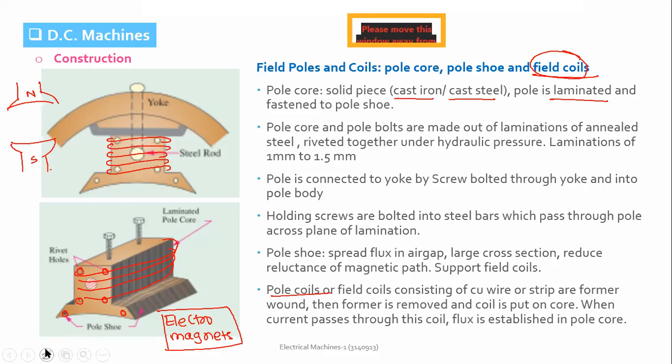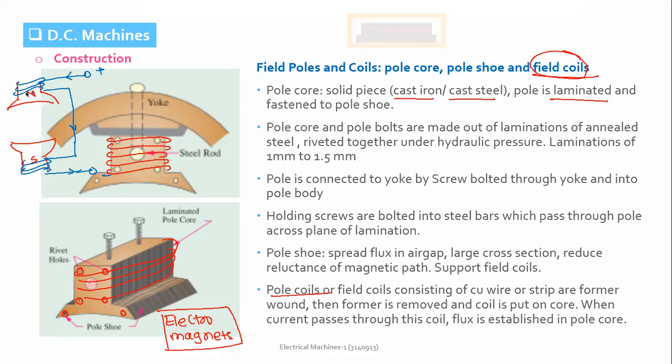Half of the field winding will be wound over the N pole and continuous, this is a continuous coil, and it is wound on the S pole, and then it is connected with the DC supply. When we pass the current through this coil, we have wound this coil in such a way that the upper and lower poles will act in opposite polarity.